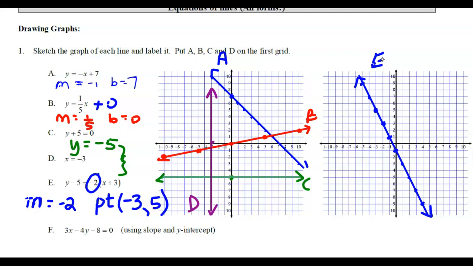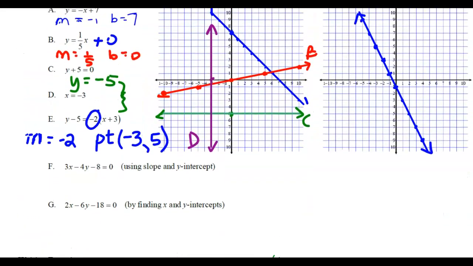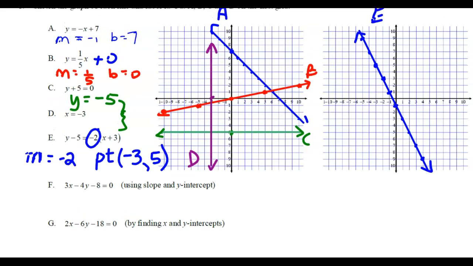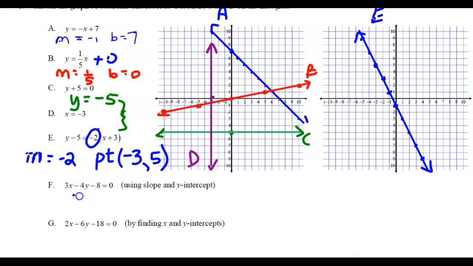And then F, it gives you a hint here to use slope and y-intercept. So that means we have to rearrange the equation into slope-intercept form. So I'm going to leave the -4y on the left, bring the other terms to the right, or you could bring the -4 to the right to make it positive, which is kind of nice as well.